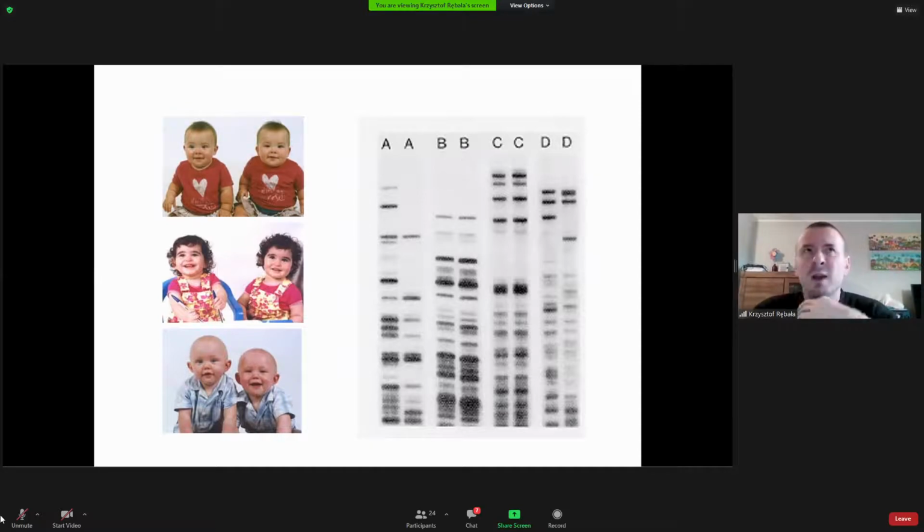There are also uniparental disomy disorders, genetic disorders where both chromosomes come from only one parent. So there is a different methylation pattern, and it matters during the development of the fetus.